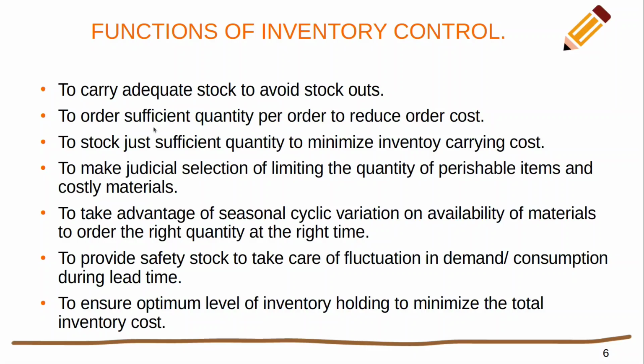If you order 100 urinary catheters, and after 1 week they go out of stock, again you order 100. Like that, if you keep on ordering frequently, you will have to pay more. So to reduce the order cost, you can order in bulk. For that, you need to know how much stock you are having and how much more you need.